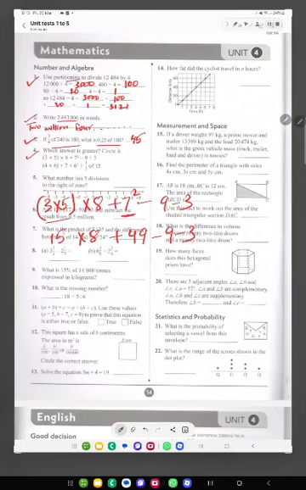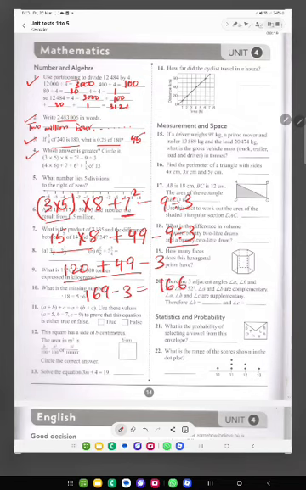Now we'll multiply 15 and 8. 15 times 8 is 120, plus 49. Let's divide 9 by 3, which is 3, and the negative sign is there, so we keep it negative. Adding 120 and 49 is 169, minus 3 is 166.